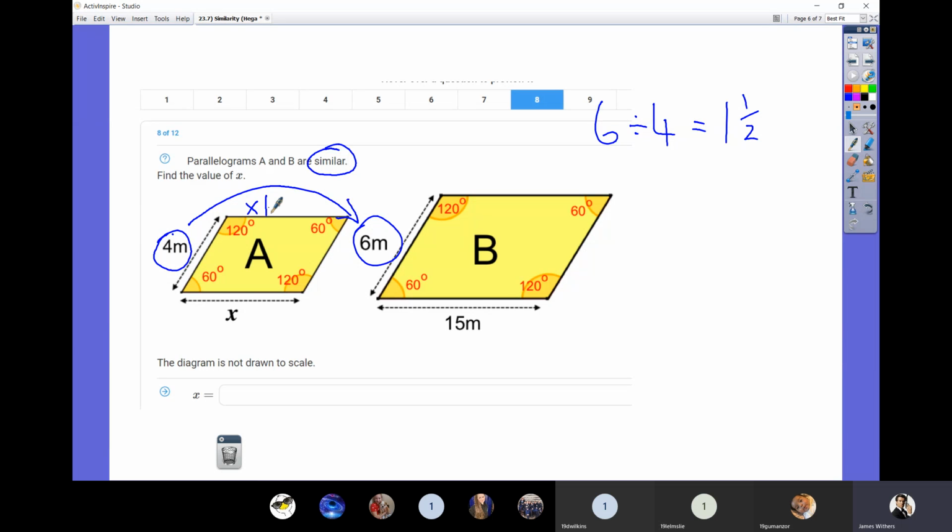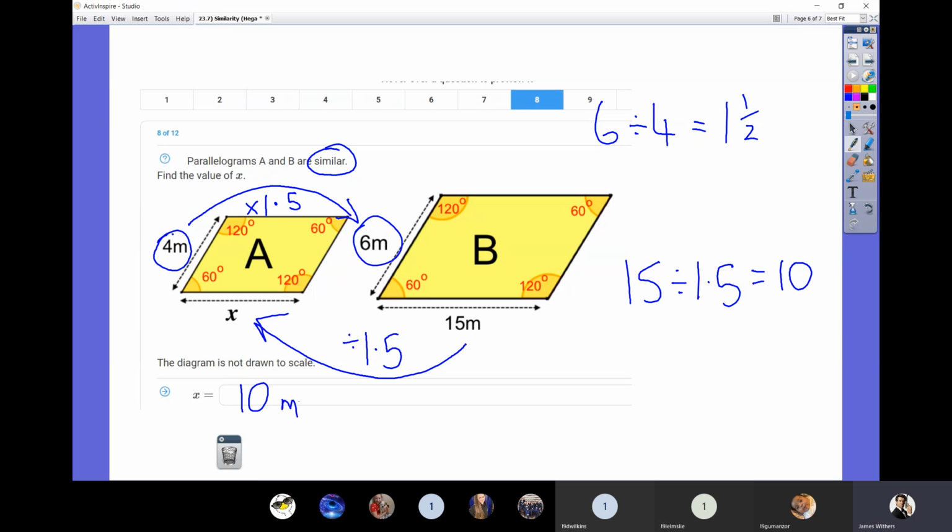If you want to work out a bigger side, you multiply by 1.5. But if you want to work out a smaller side, you divide by 1.5. So 15 divided by 1.5, go and get your calculator out and you will see that that's 10. So the answer there would be 10 meters.